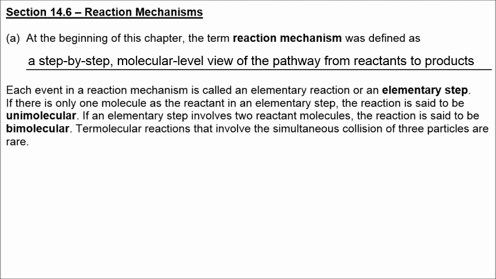If there are two reactant molecules in an elementary step, then it's bimolecular. It's unlikely for an elementary step to be termolecular, having three reactants, because that would require the simultaneous collision of three particles. So that's very rare. Most elementary steps are going to involve one or two reactants.